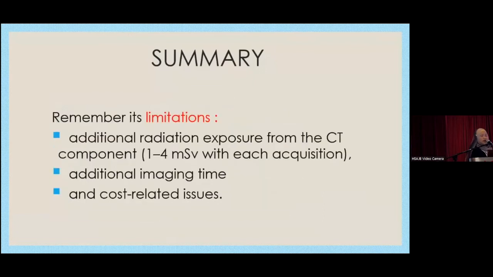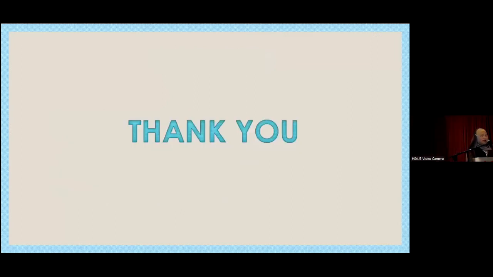As discussed earlier, we should know the limitations. It causes additional radiation exposure from the CT component, about 1 to 4 millisievert with each acquisition. It causes additional imaging time, and of course, it causes cost-related issues. So with that, I thank you.